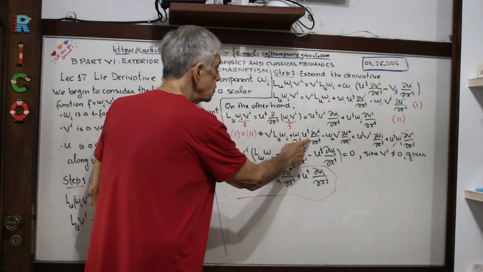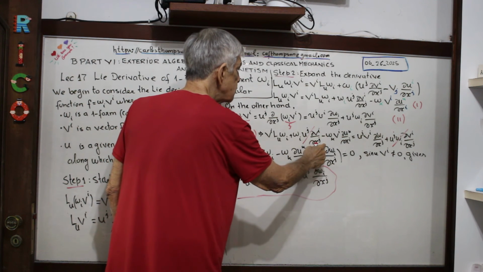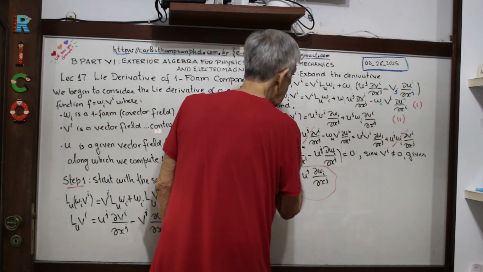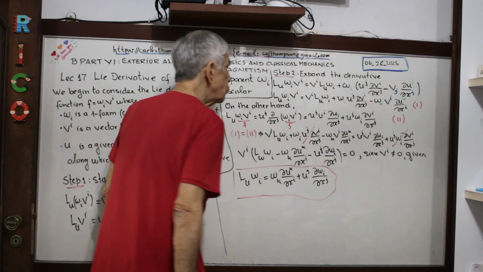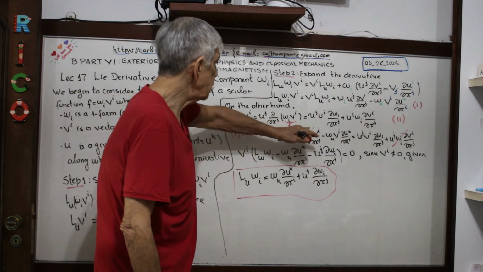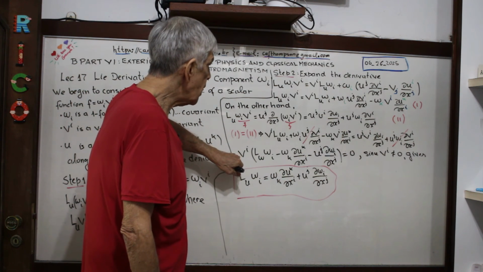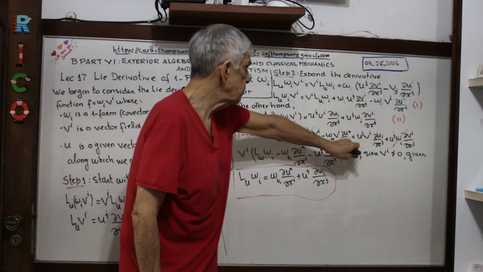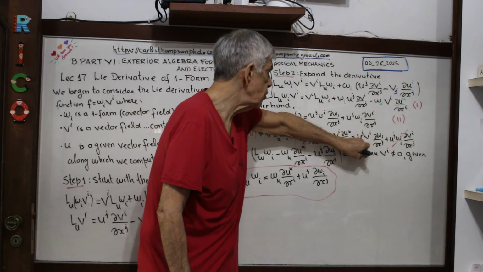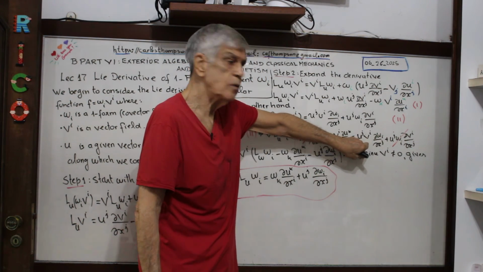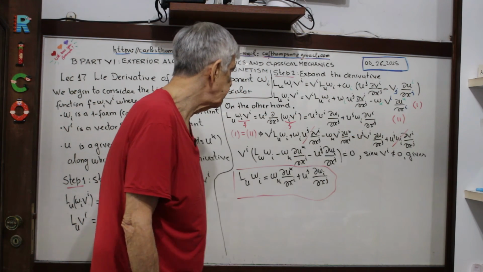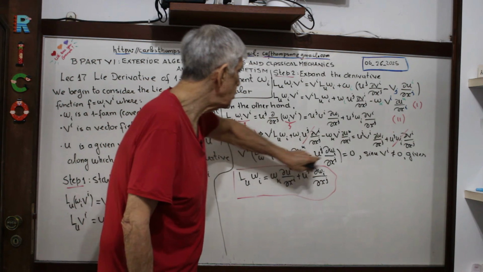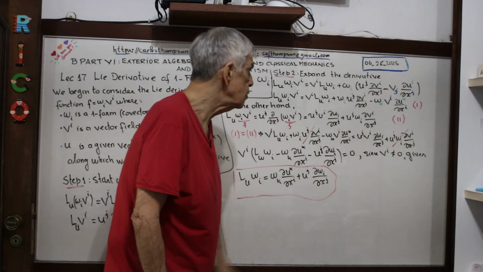Now, I can cancel u^j partial v^i with respect to x^j, times omega_i, I can cancel these two terms. So, from here, this leads to v^i times a parenthesis. I just set this term on the left-hand side with a minus sign, which is over here. Now, v^i multiplies all these parentheses. This is equal to 0.